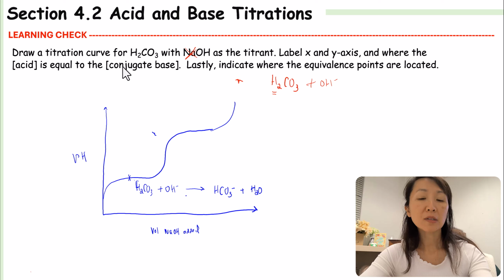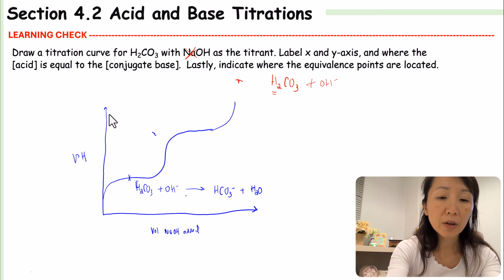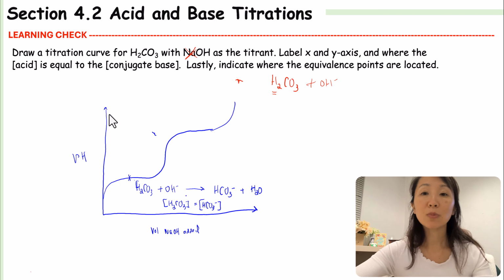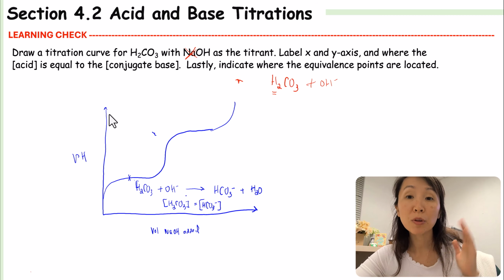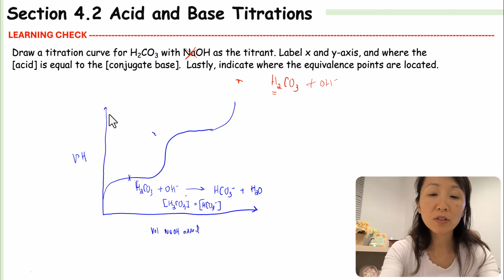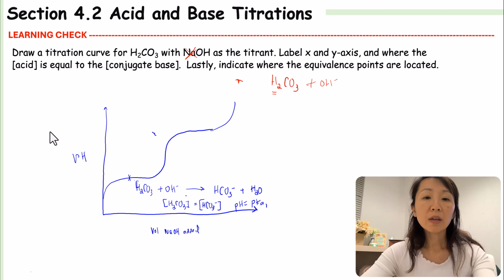That's where the concentration of H2CO3 is equal to HCO3 minus. In fact, that's where the pH is going to equal the pKa of 1. So I'll just write that down, even though it doesn't tell you to.